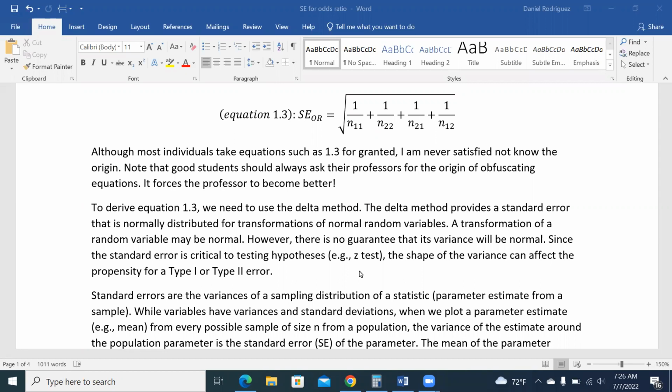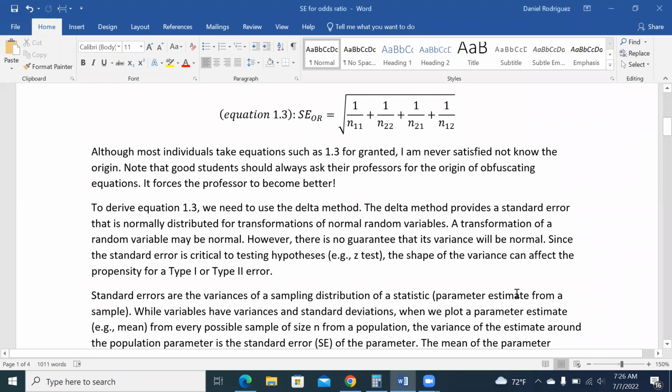If on the other hand, the standard error is left skewed, there's a lot of small values, we might have overinflated test statistic results, and this would result in a type 1 error, falsely rejecting a true null hypothesis.